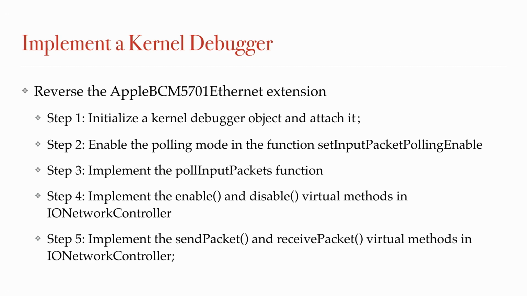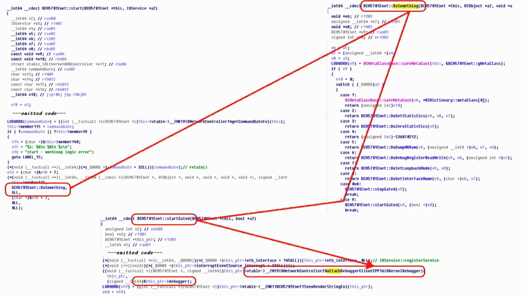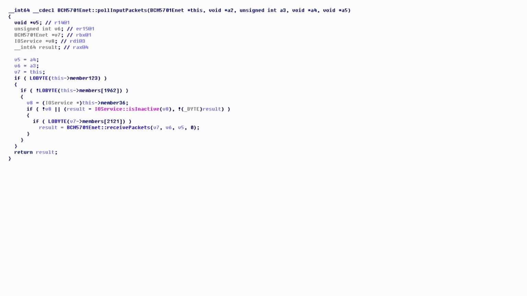Thirdly, override the debugger controller and implement a pair of the most important functions for kernel debugging. Here is the implementation for the first step in the Apple BCM Ethernet driver. When the service starts, it will use the start function to attach the debugger client.